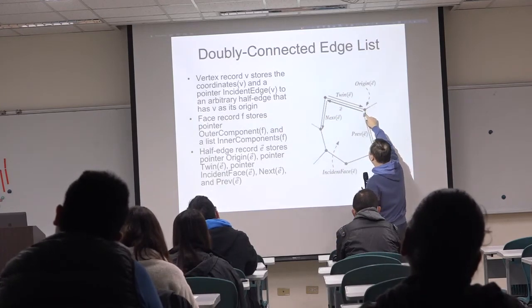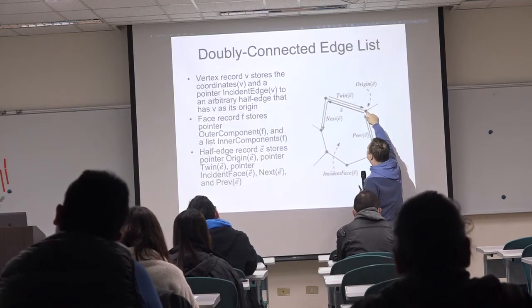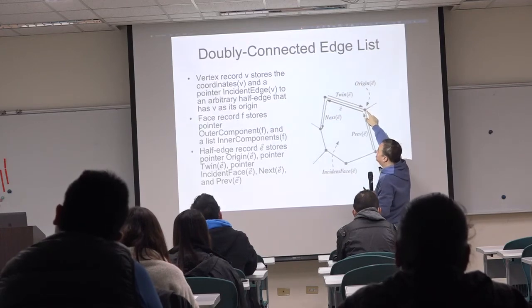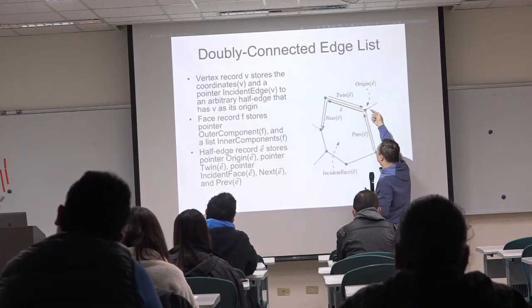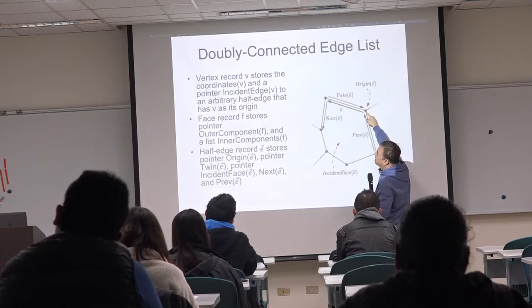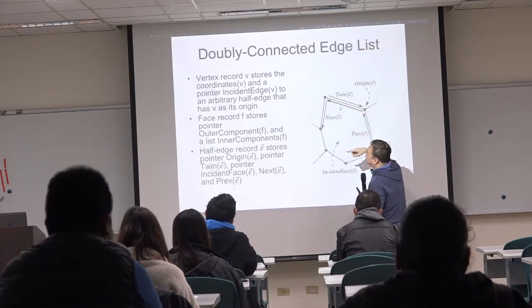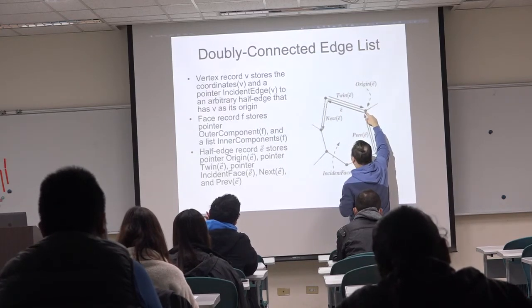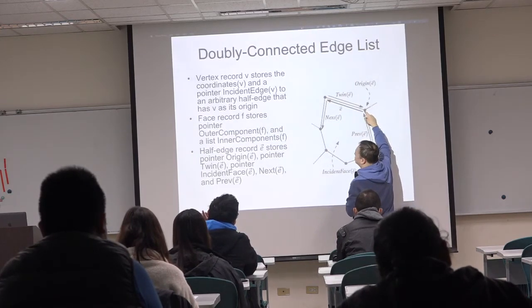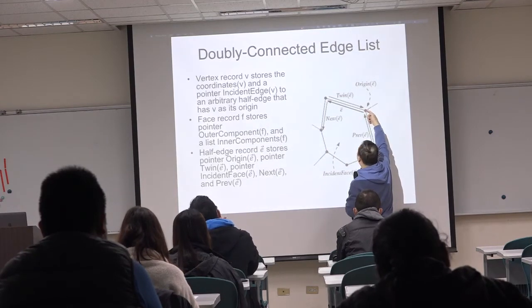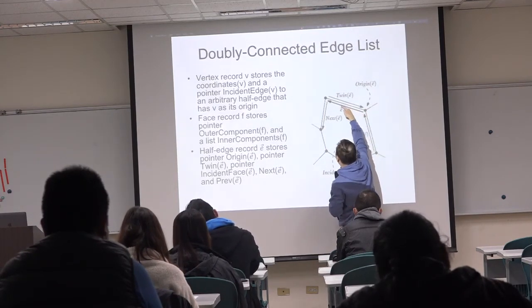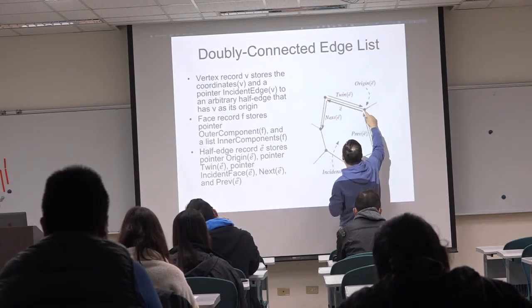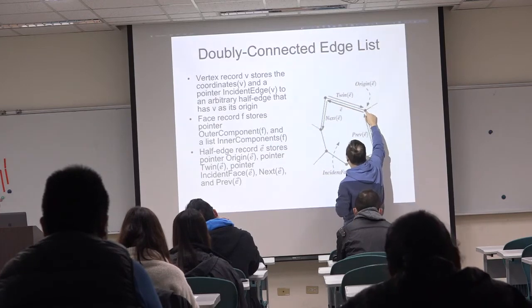The record for this vertex V includes the coordinates of this point as well as a pointer that points to one of the half edges that use this point as the origin. For example, this E goes from this point to this one, so this E uses this point as its origin.